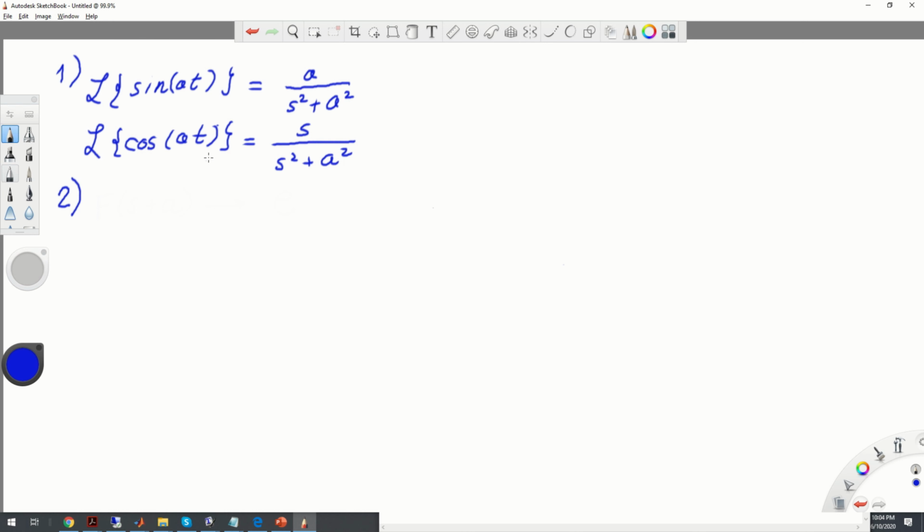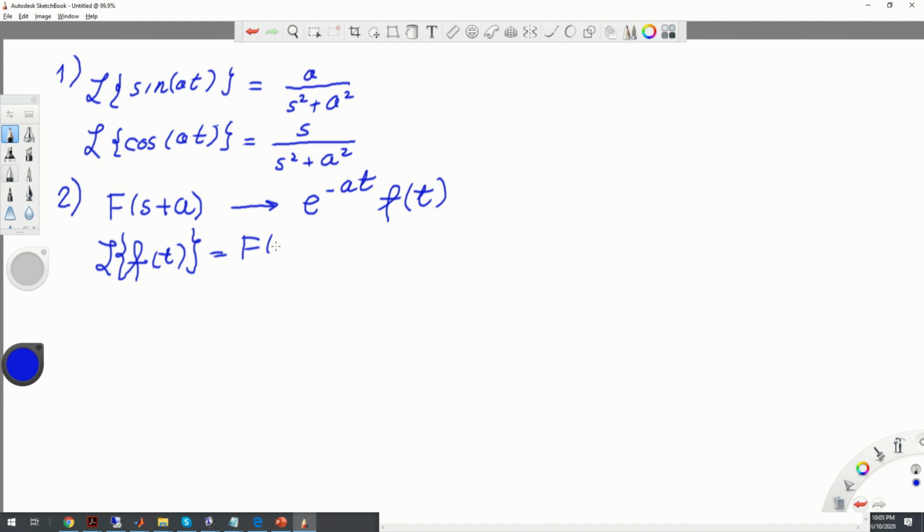We are asking ourselves, if we have a function in the complex domain and it's shifted, what is its time image? What is its inverse Laplace transform? Well, there is a theorem saying that in the time domain, the inverse Laplace transform is e to the power minus at times f of t, where f of t has Laplace transform F of s.